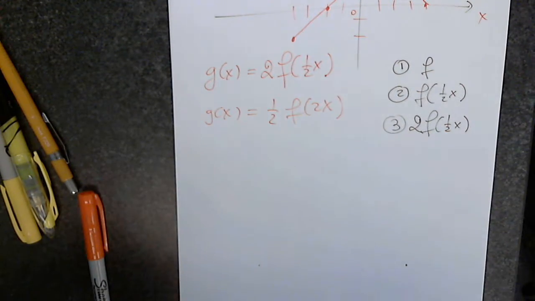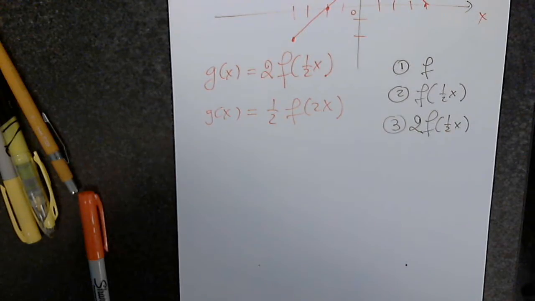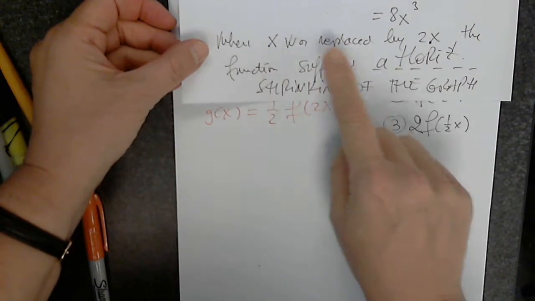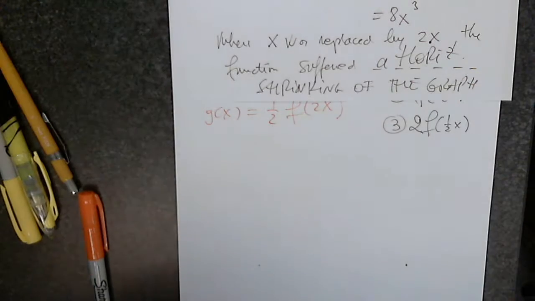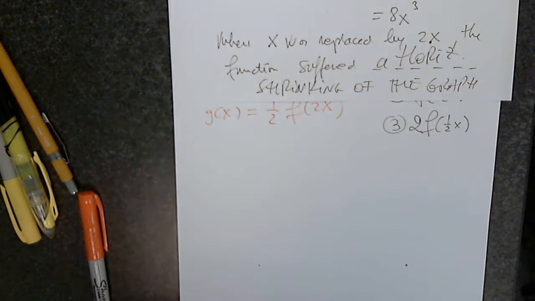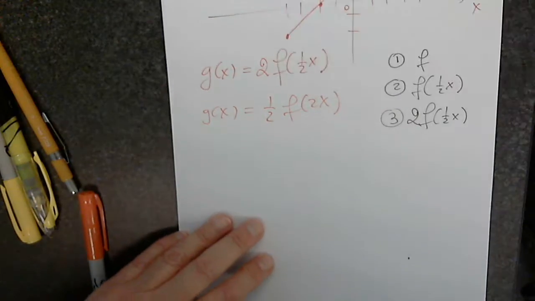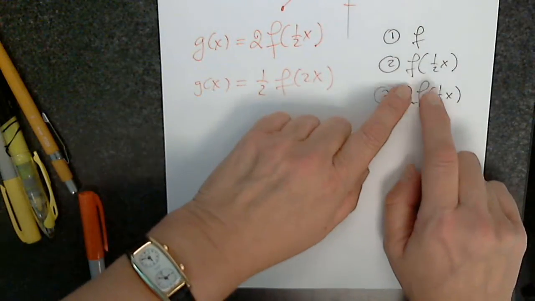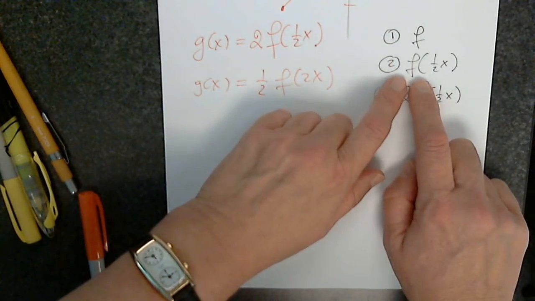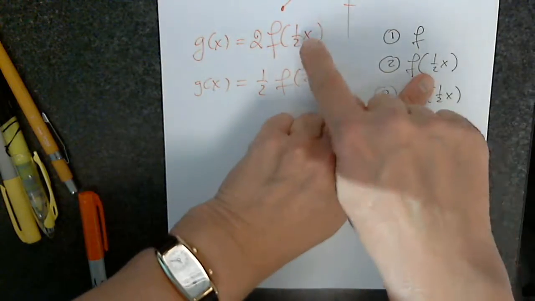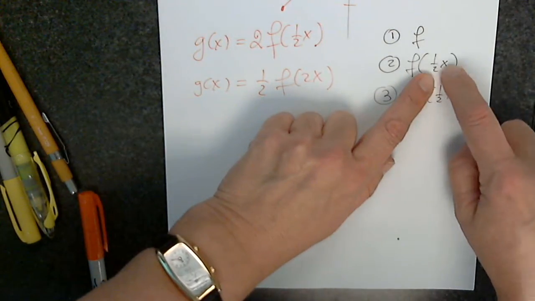So now, when I changed in the previous example, I replaced x by twice x. This was exactly the opposite of what I was expecting, a horizontal shrinking by a factor of 1/2. Now, what do you think is going to happen when I change x of this function into 1/2 x?